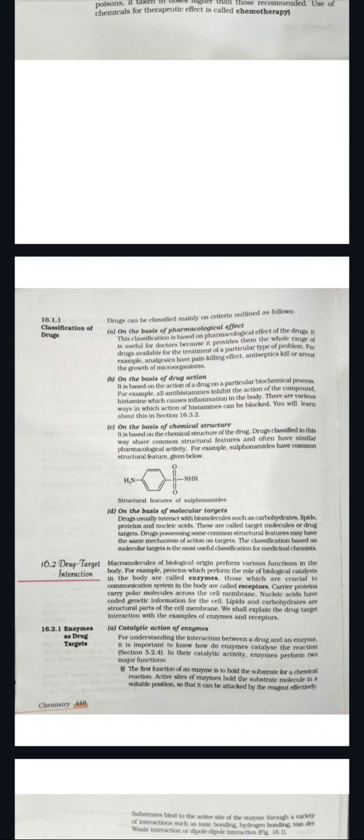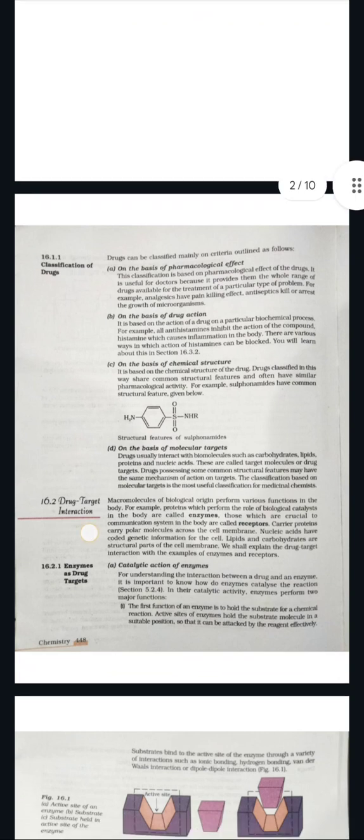Enzyme as drug target. Catalytic action of enzymes. To understand the interaction between a drug and an enzyme, it is important to know how enzymes catalyze the reaction. In their catalytic activity, enzymes perform two major functions. The first function of an enzyme is to hold the substrate for the chemical reaction. Active sites of enzymes hold the substrate molecule in a suitable position so that it can be attacked by the reagent effectively.